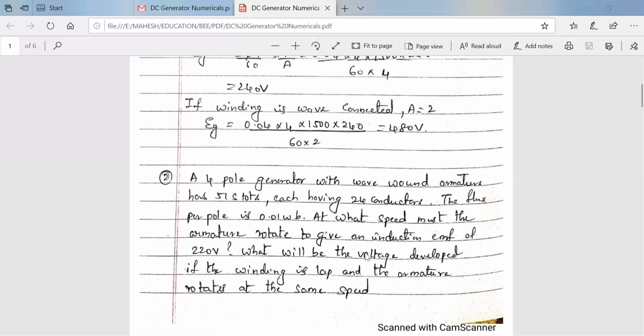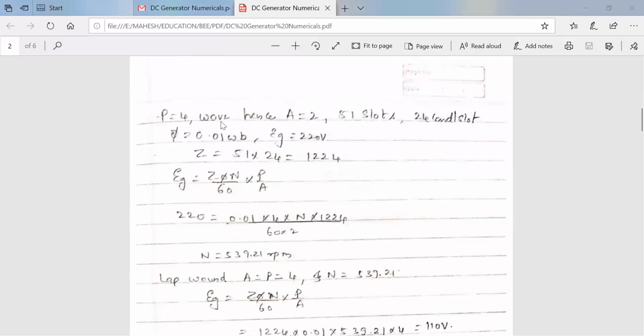Next, what will be the voltage developed if the winding is lap and the armature rotates at the same speed? So the first question, he has asked to calculate the speed of the armature. Next, we have to calculate the voltage developed if the winding is lap connected for the same speed which we'll get in the first question. So we'll see with the given examples.